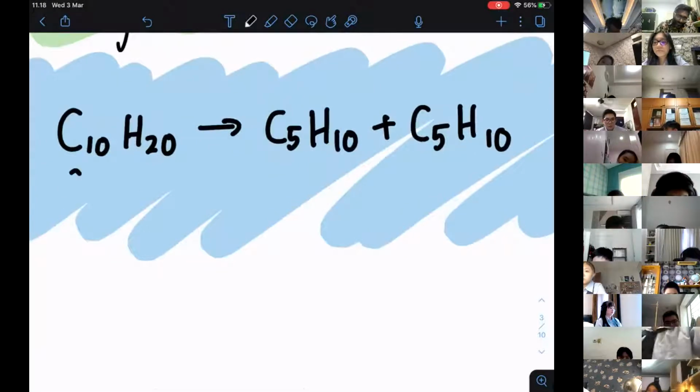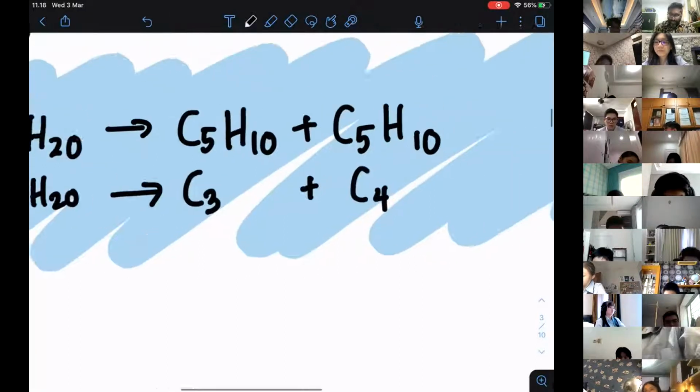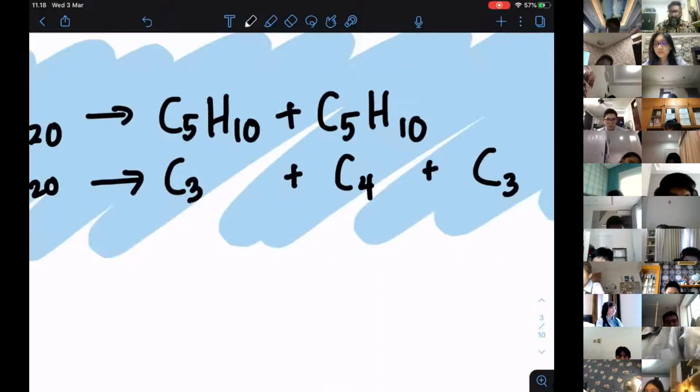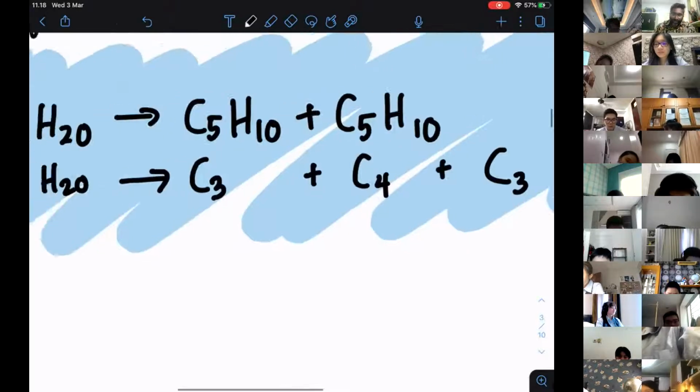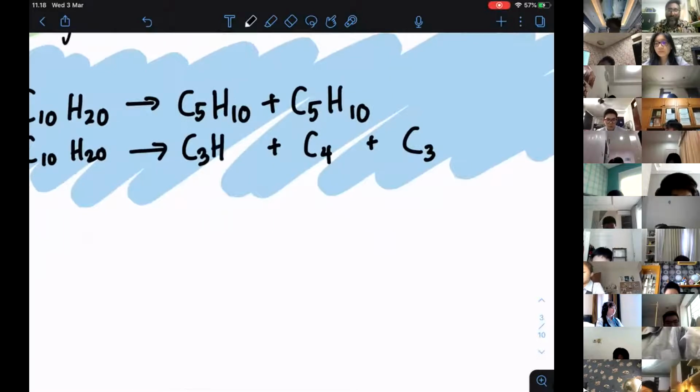We can do the same thing. For example, if I have C10H20, I want to break it into three parts. One is going to be C3, another one is C4, and then the last one, let's say C3 again. What we need to do is just play around like maths. Maybe I want to form an alkene, so H6.